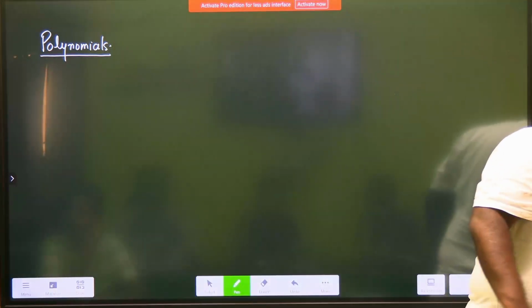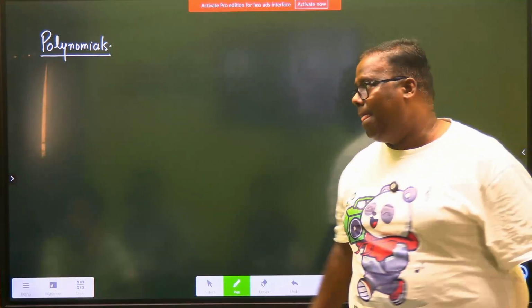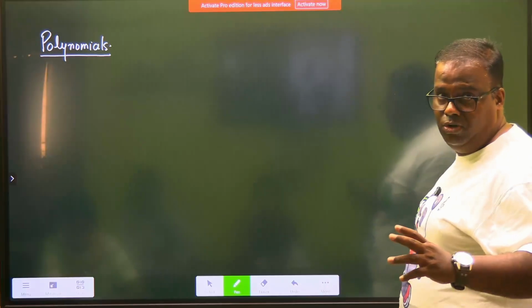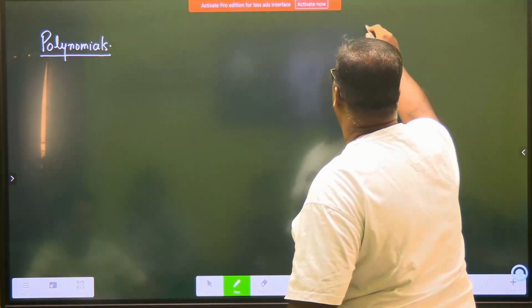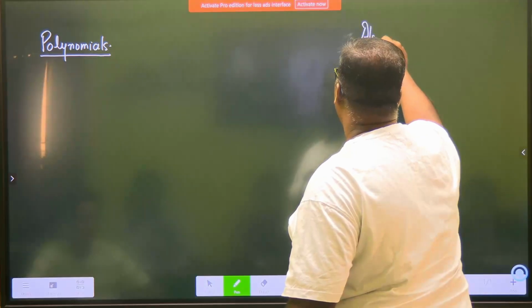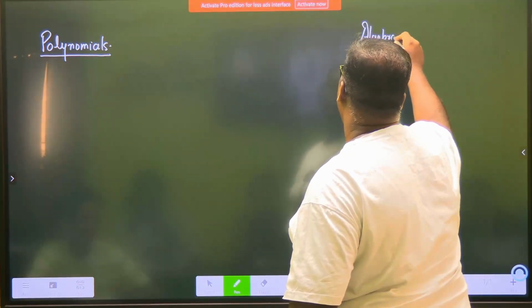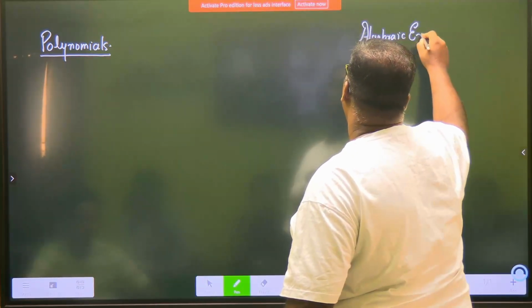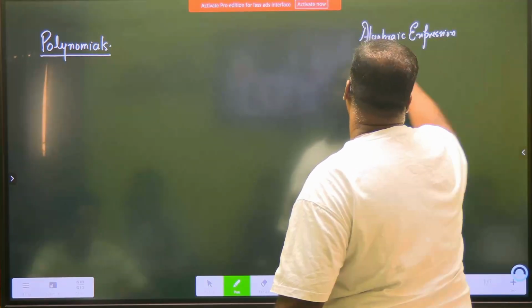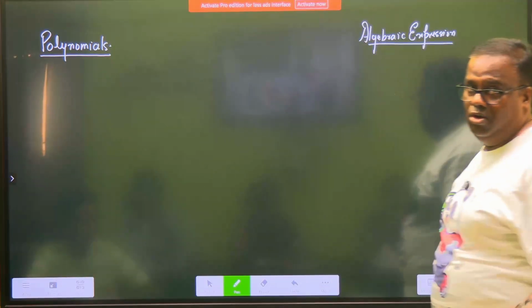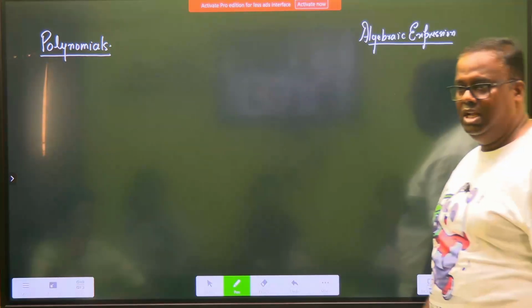Okay. Now, in order to understand polynomials, the first thing you need to understand is go back to grade 8 and let's revisit something called algebraic expression. And recall what all are the things that we see in an algebraic expression.